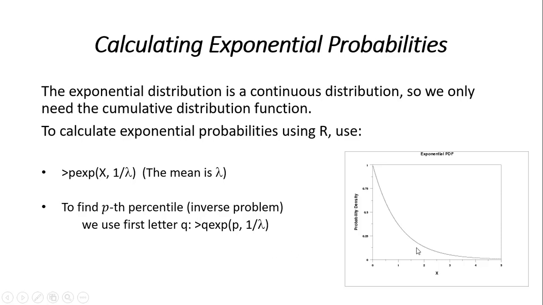And just keep in mind, this is what an exponential distribution looks like if we graph its probability density function. When we calculate these probabilities, we think in terms of this continuous function, and our probabilities represent certain areas under this curve.